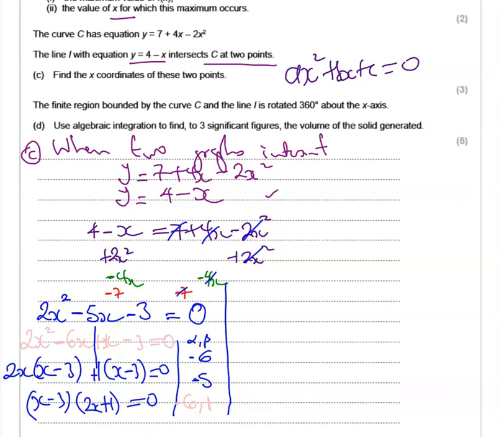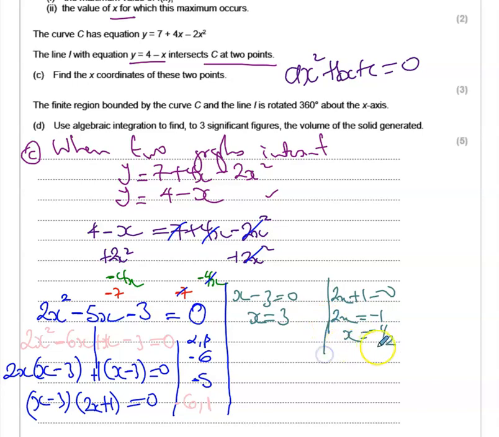So again, we do what we do best. We have two numbers multiplying to give us 0, so either x minus 3 is 0 or 2x add 1 is 0. If x minus 3 is 0, x should be 3, and in this case 2x should be equal to negative 1, and therefore x will be minus a half.